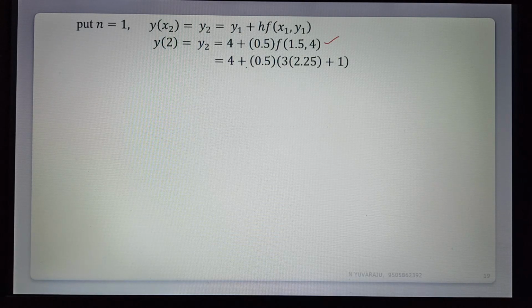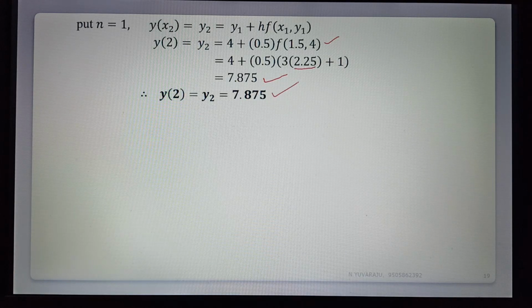So 4 plus 0.5 into 3x square plus 1 is the formula. So 3 into 1.5 whole square is equal to 3 into 2.25 plus 1. Simplification gives 7.875. This is the second value y2.